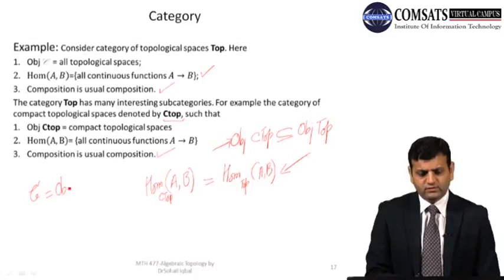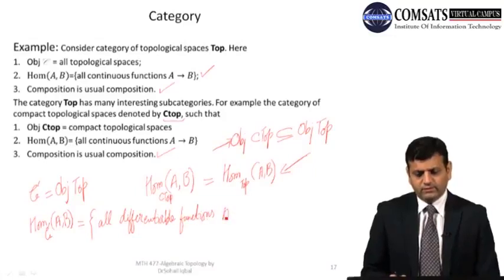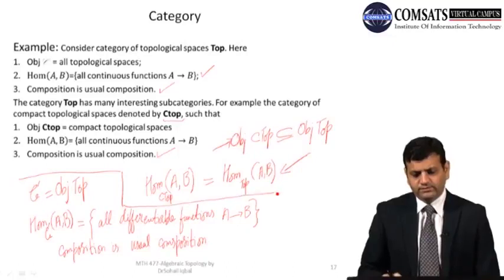Take its objects to be objects of the topological spaces, and take hom(A, B), for any two objects in this category C prime, to be all differentiable functions from A to B, and take the composition to be usual composition. So this is the category C prime.